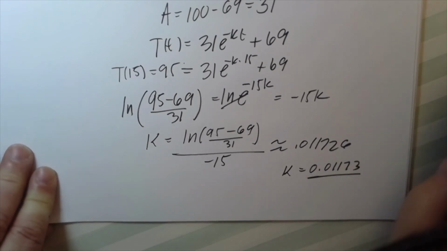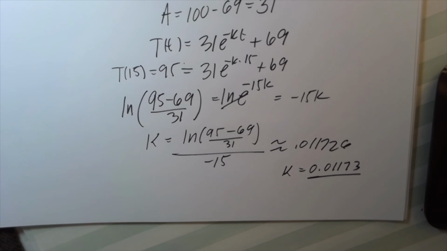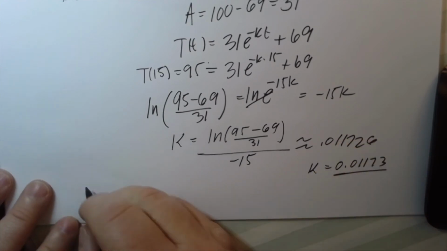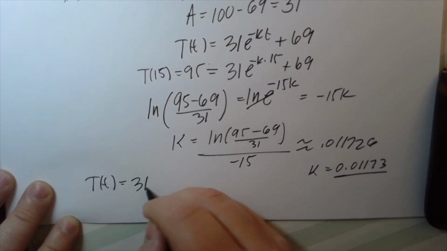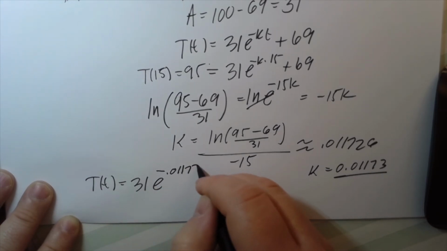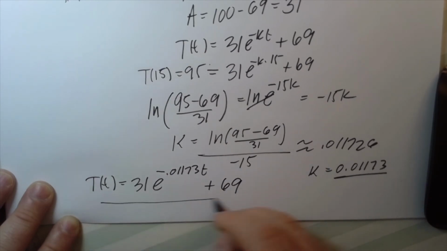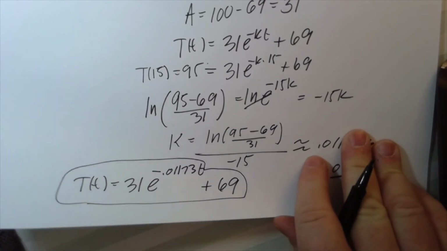All right, so what we're trying to do here is use Newton's law of cooling to write down a formula. Well, we did that. We have T of t is equal to 31 e to the minus 0.01173 t plus 69. So there's our formula for Newton's law of cooling.